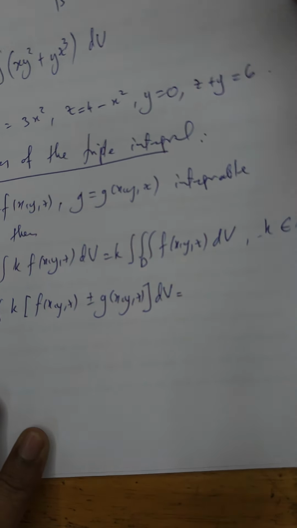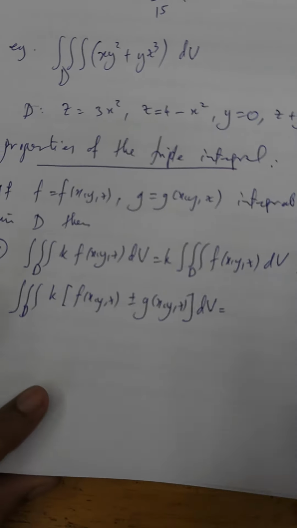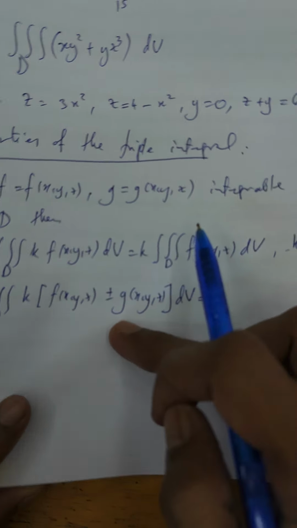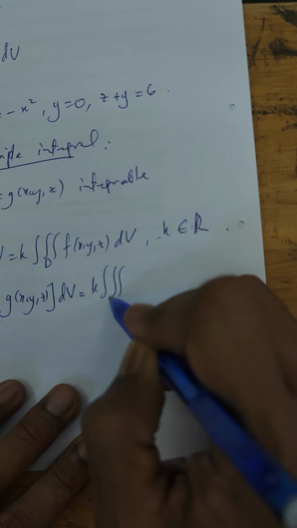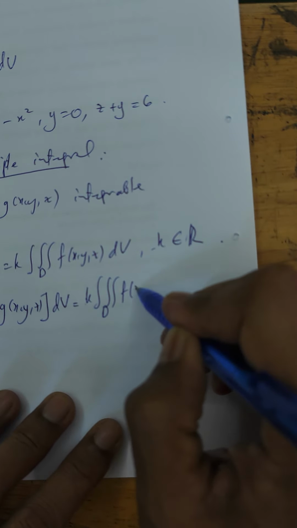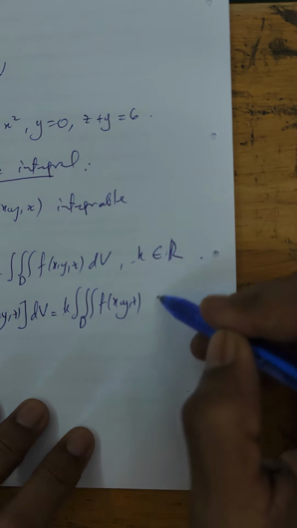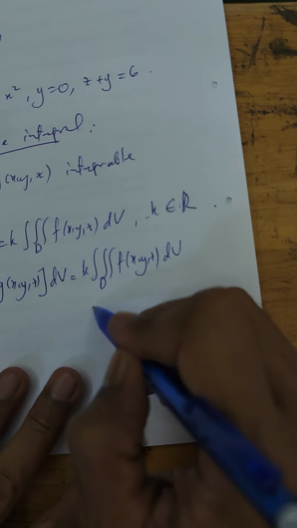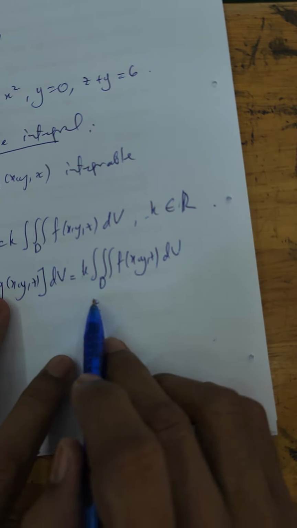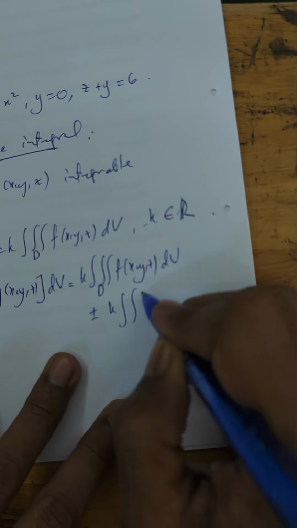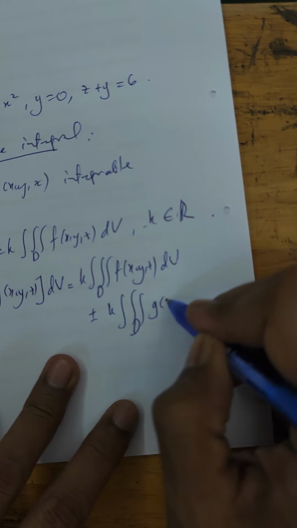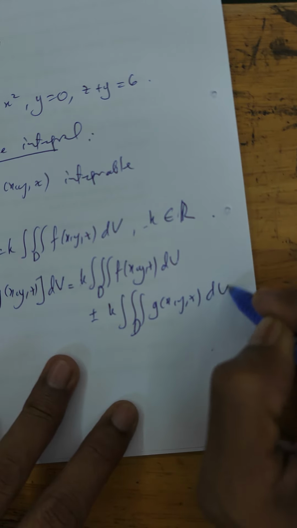Combining the first property here, we have k integrated over D of f x y z dV plus or minus, respectively, the integral over D of g x y z dV.